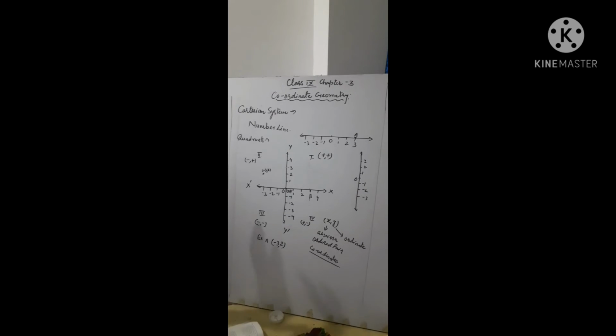So this is the Cartesian system, and we will show you how to find points in the Cartesian system and how to plot the points in the Cartesian system in the GeoGebra app.